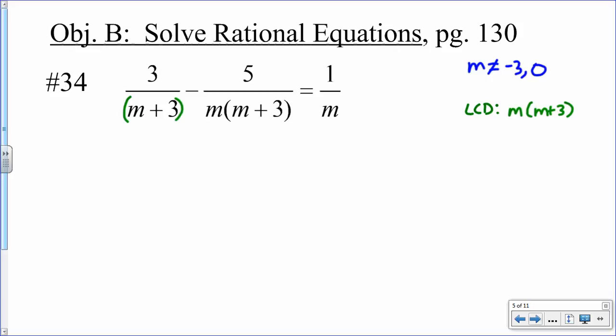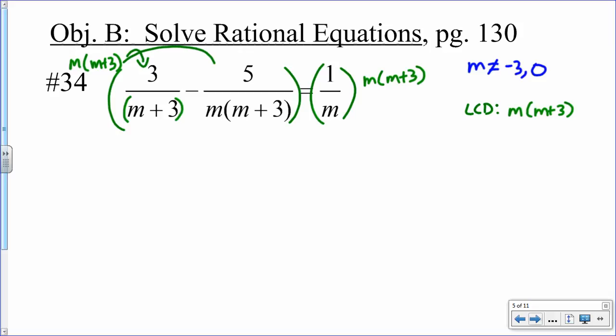Okay, so I will write out the distribution so we can see how they'll cancel. So I'm first doing m plus 3 times 3 over m plus 3. So times this term.